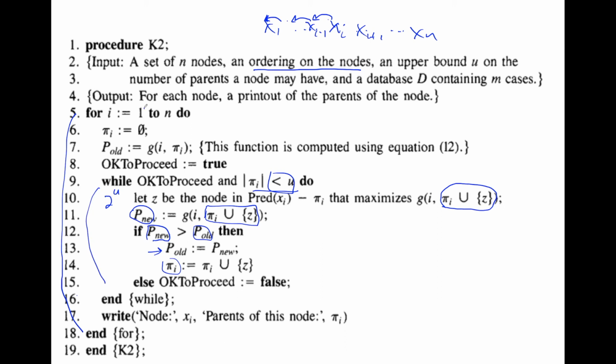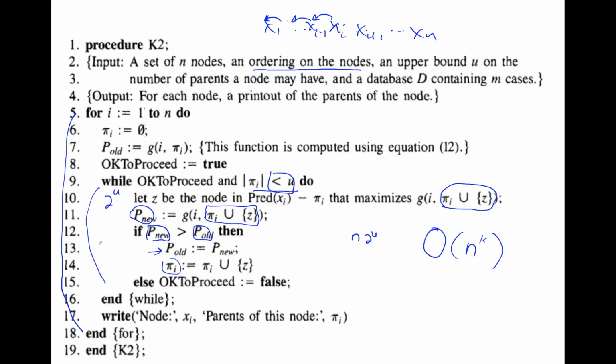And we have this for n many nodes. Well, that runs in linear time. We have linear in n. And for each of these n, we're going to have 2 to the U. And so that is n many times 2 to the U, which is absolutely big O of n to some polynomial k. And so this runs in polynomial time.